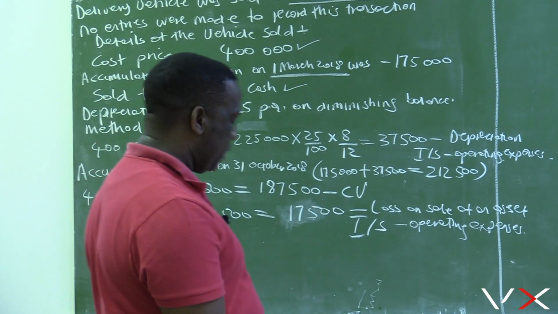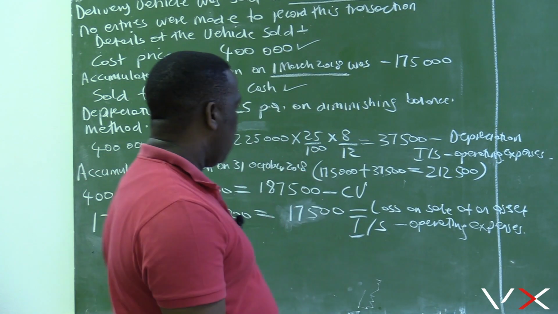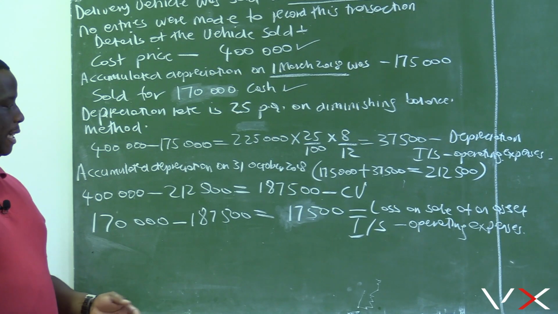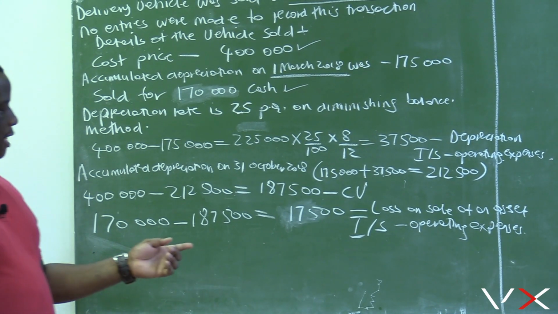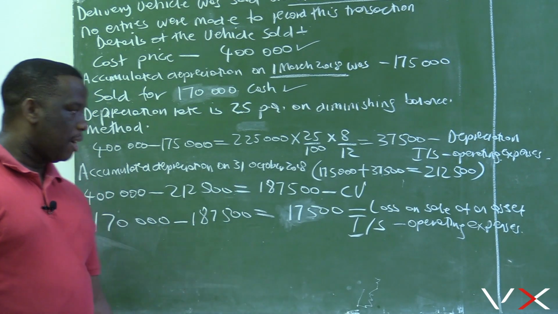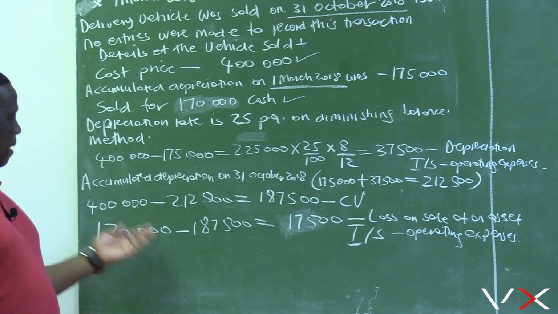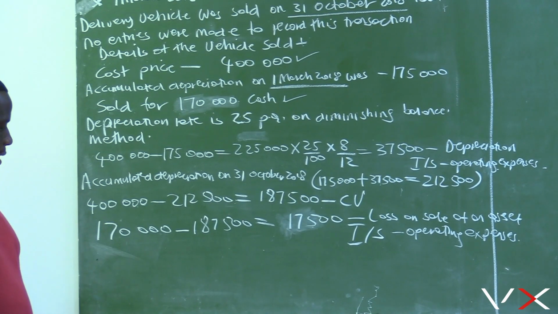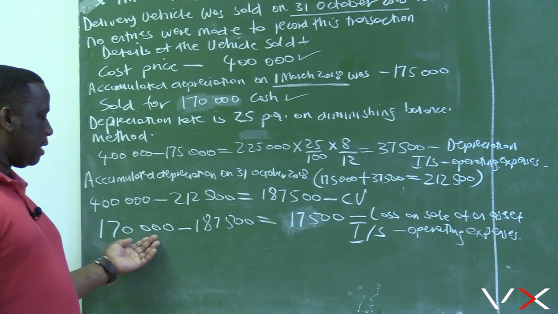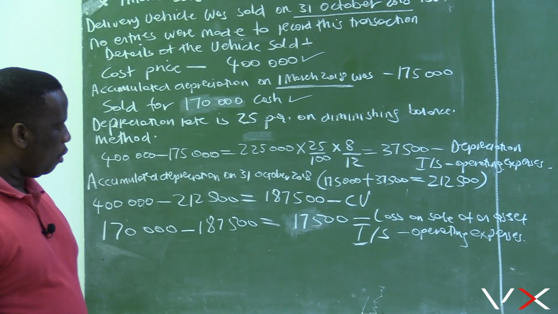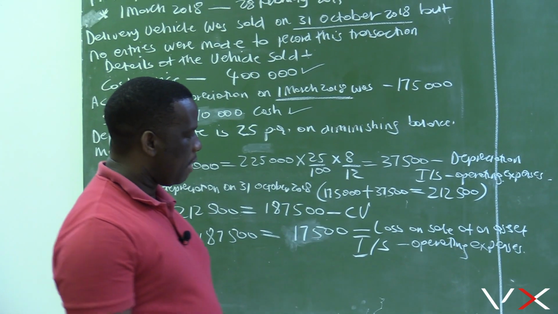There is a loss of 17,500. How do we know that we have made a loss? We have sold a vehicle that's worth 187,500, which is the carrying value, but the selling price is 170,000. So the selling price is less than the carrying value. Therefore, we have made a loss of 17,500.